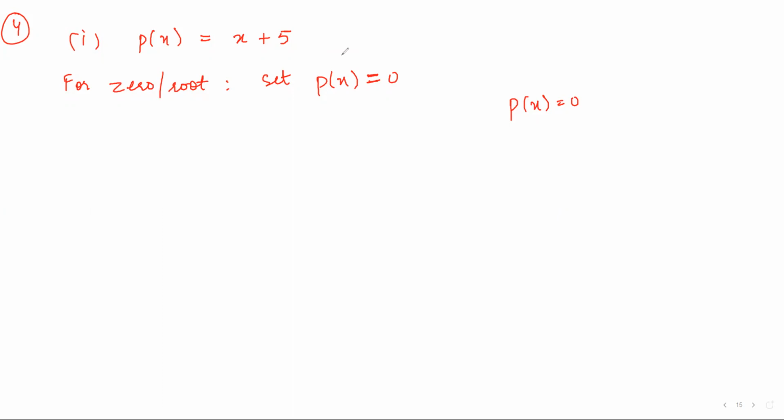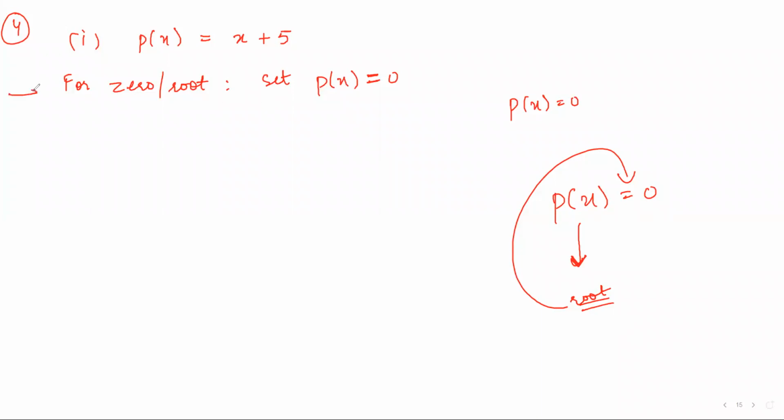Understood? Yes, ma'am. I mean, go in the reverse order. You have already set your polynomial equal to 0. Now whatever value of x you obtain after solving this is going to be one of the roots, because at the root only this happens, isn't it? Right? Yes, ma'am. Okay, so we are doing the reverse thing.